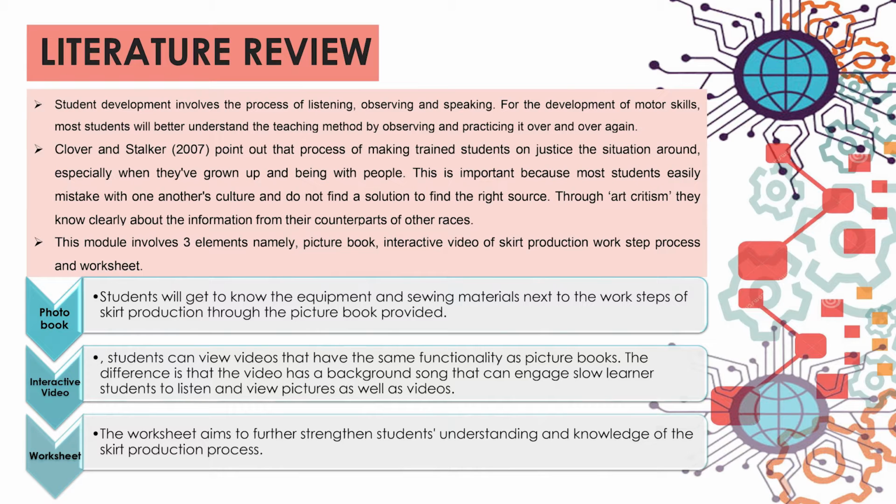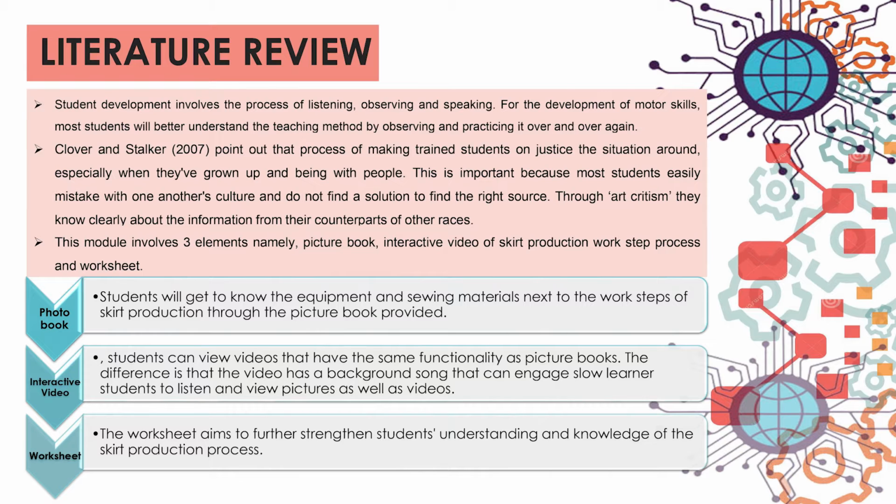This is important because most students easily mistake one another's culture and do not find a solution to find the right source. Through art criticism, they know clearly about the information from their counterparts of other races.